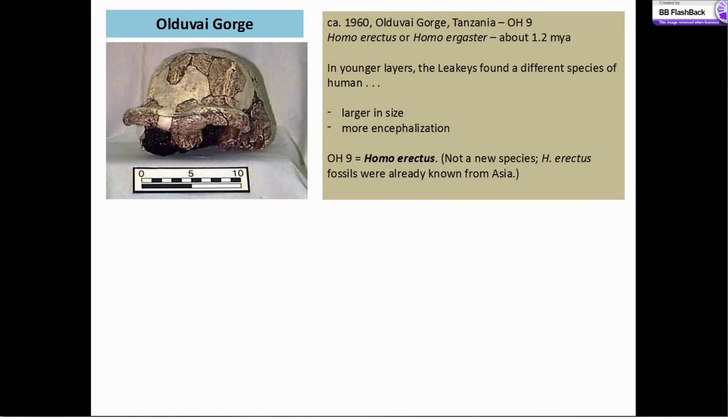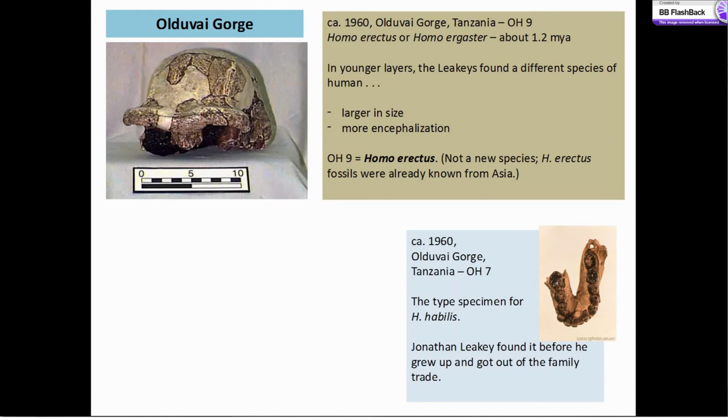Our ancestors had been there for a long time. The other interesting thing was, well, this was an Asian species. This was a species that was known from Asia, and now we have Olduvai hominid 9. We know that he's in Africa now. We know this species, Homo erectus, is in Africa. And this suggests perhaps Homo erectus started in Africa. It's hard to say. The dates are tricky with Homo erectus. We'll talk about that shortly.